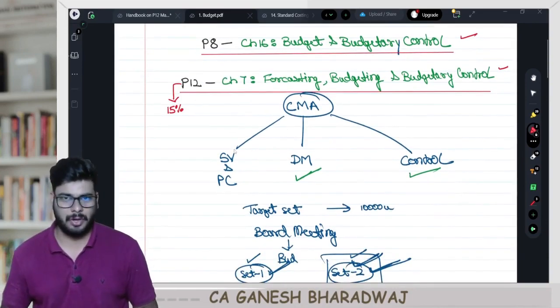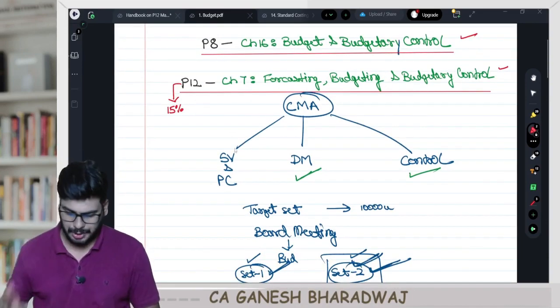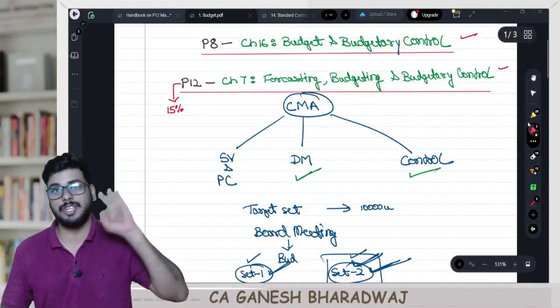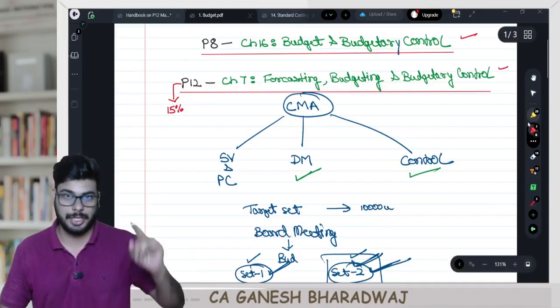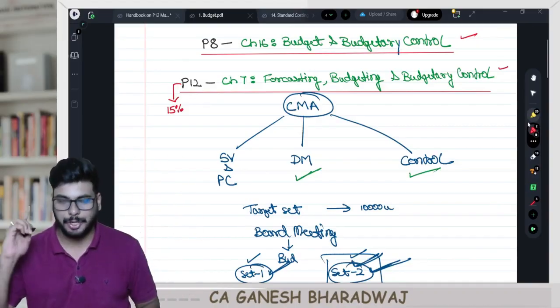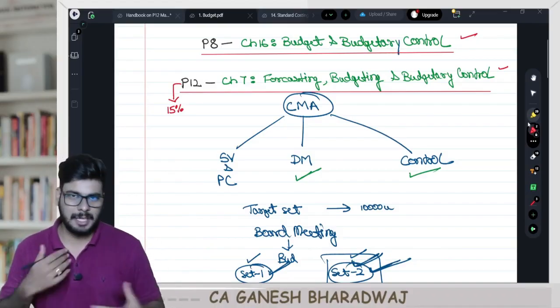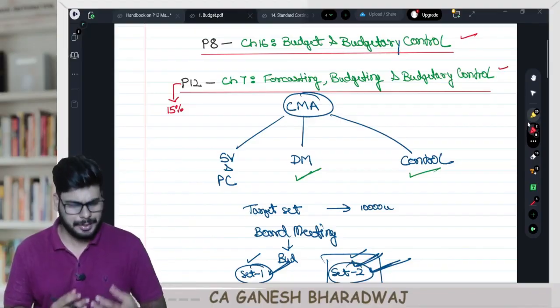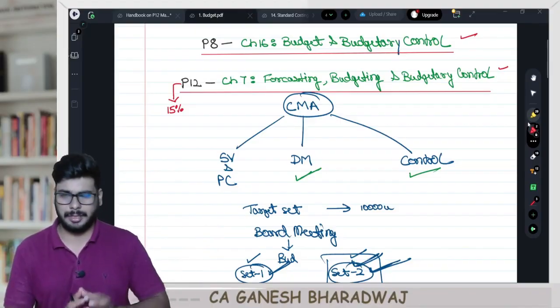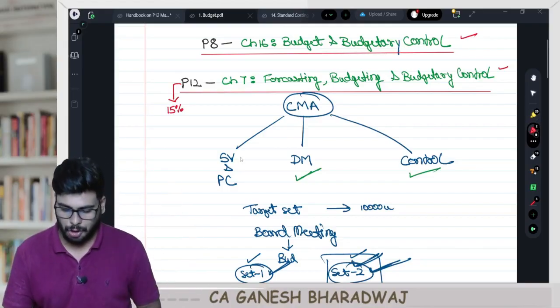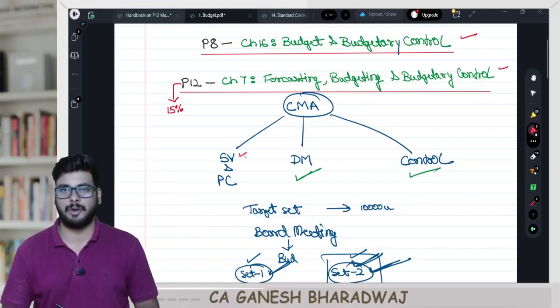Now, first of all, before we enter into this chapter, our subject, cost and management accounting, has 3 objectives, right? What are the 3 objectives? Stock valuation, profit computation, decision making and control, right? And I told you guys that some chapters in our subjects like P8 and P12 put together go on to achieve the objective A, which is stock valuation, profit computation.